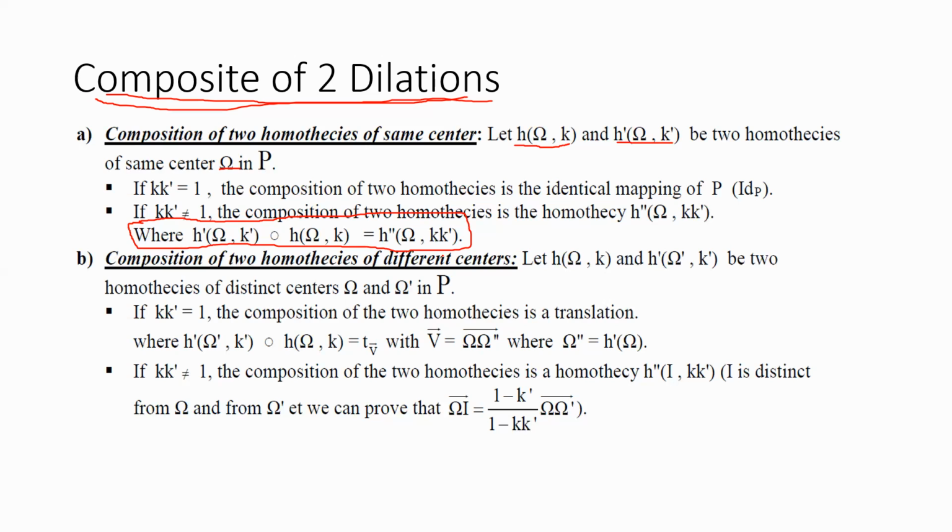How do we know that K times K prime is not equal to 1?